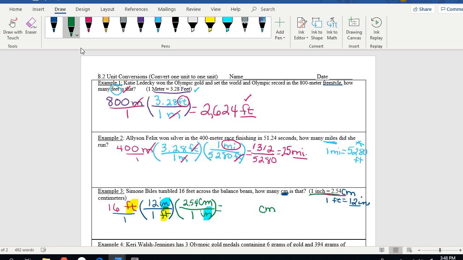So I'm going to take a calculator and multiply 16 times 12 times 2.54, and I'm going to get an answer. So 16 times 12 times 2.54, enter. I have 487.68 to be exact.